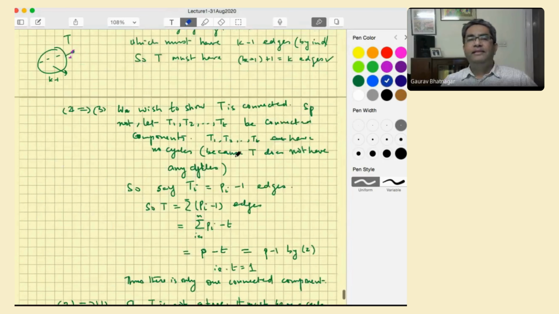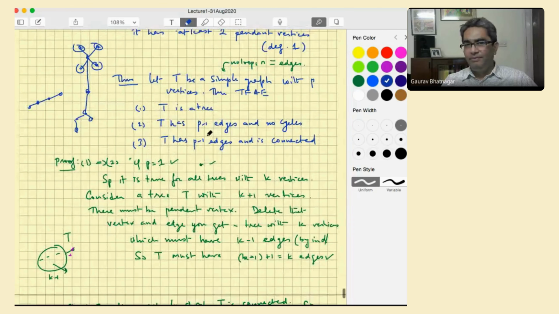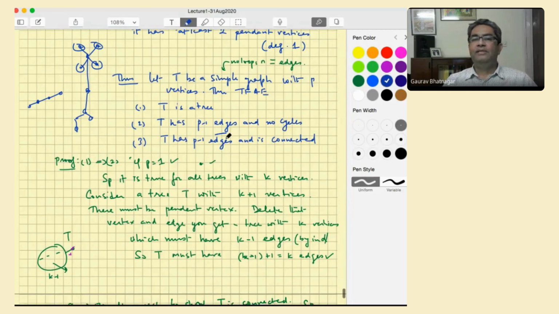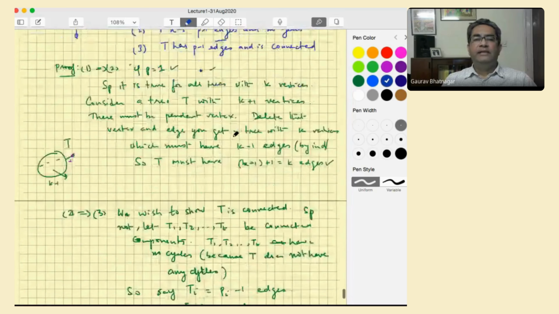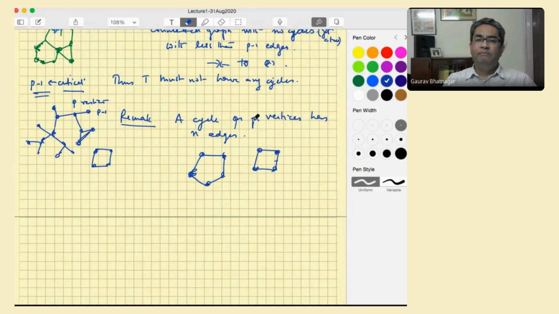But this minimal business has to be understood very well. That, you know, there are no cycles. It has exactly P minus 1 edges. Okay. And if you look at a cycle, it has exactly P vertices and the same number of edges, P. If you just cut one, then you get sort of a minimal tree, which would be something that is an almost cycle, right?